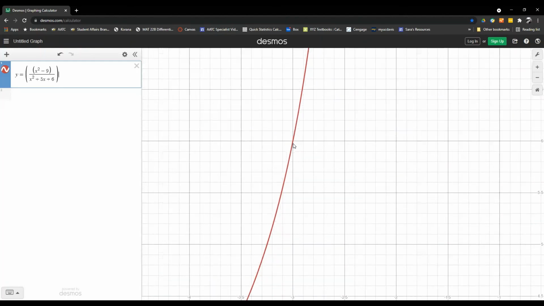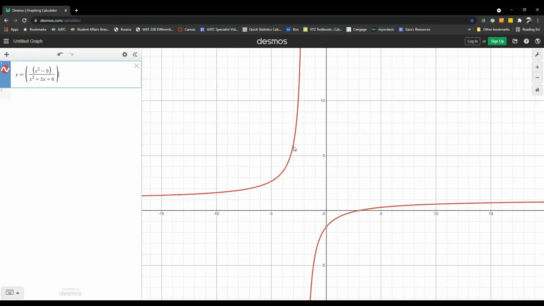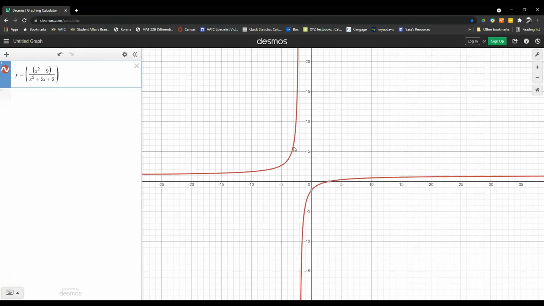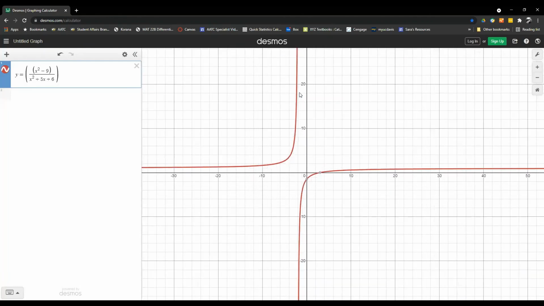But if we look at this picture and what's happening at -2, what we actually see happening at -2, we call a vertical asymptote. So that's what's happening at -2. Desmos is going to show you that -2 piece of it. It's just not going to show us that x equals -3 hole.